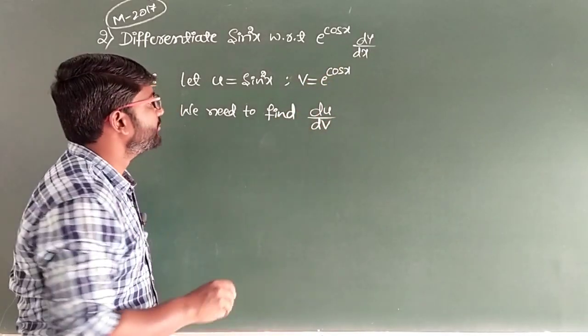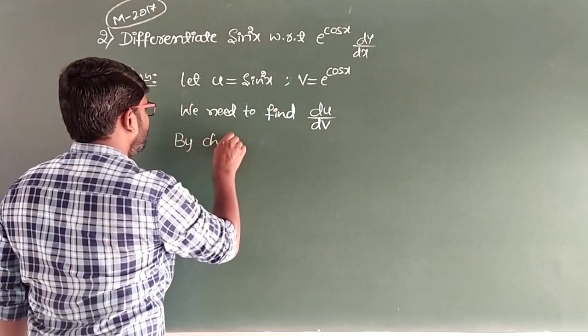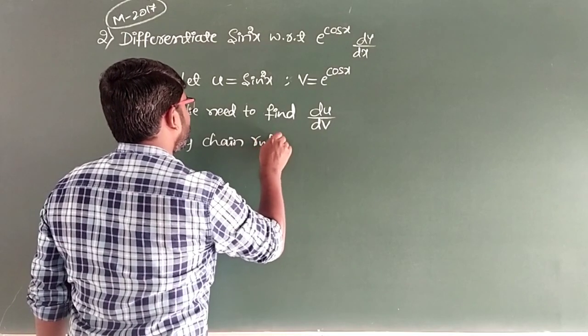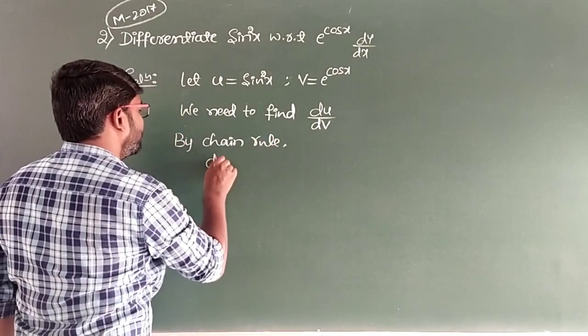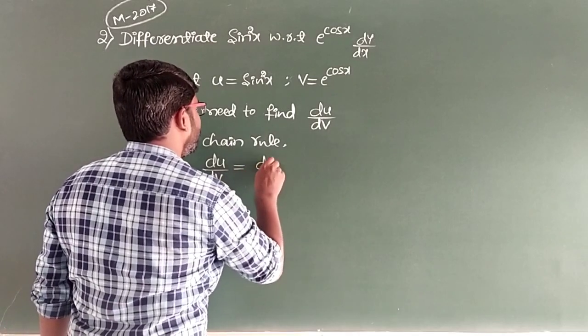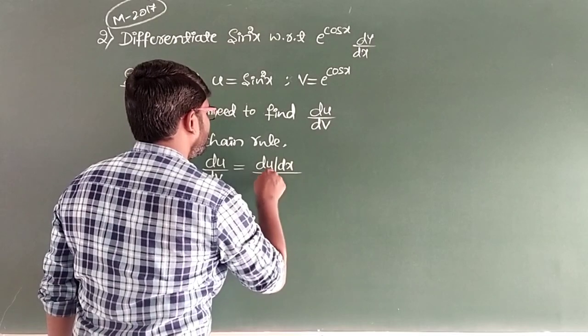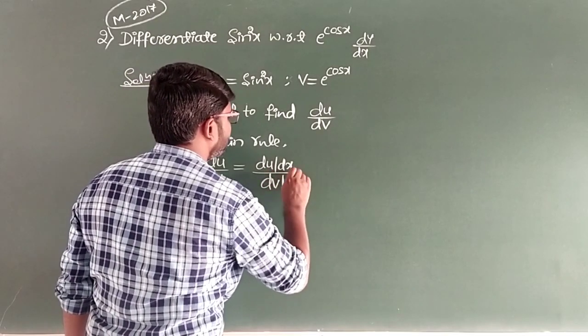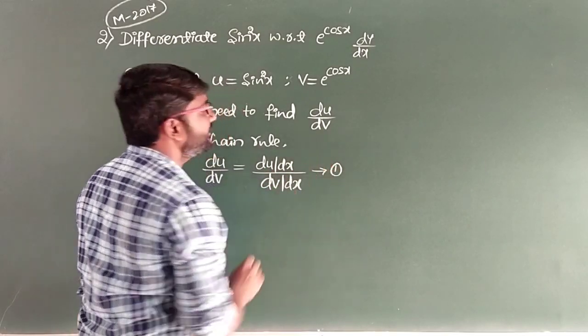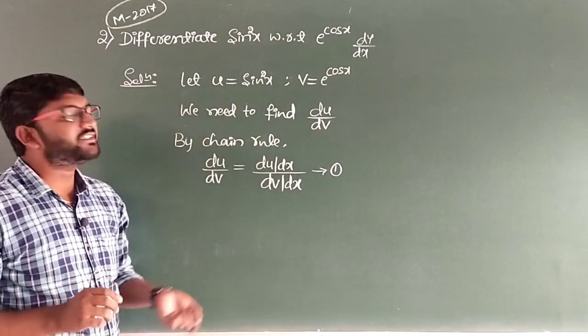So by chain rule, du by dv can be written as du by dx divided by dv by dx. I call this equation number 1. Now we will have to go for du by dx. So let us find the numerator now.